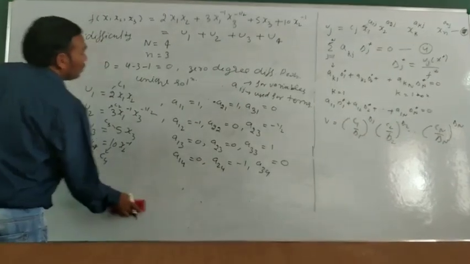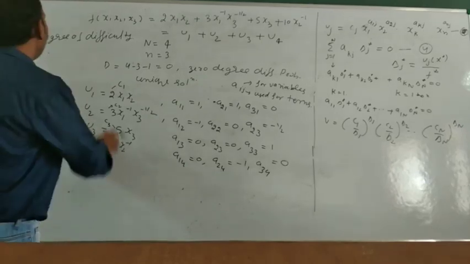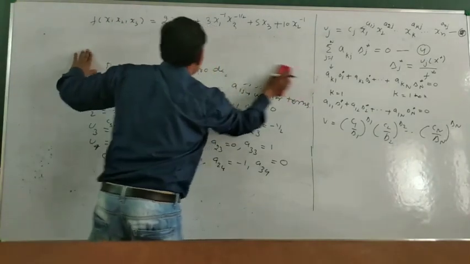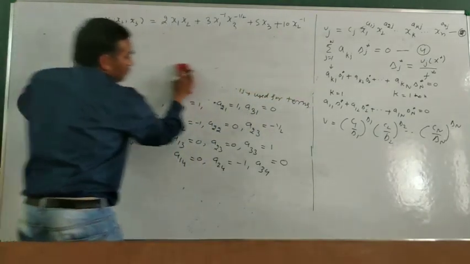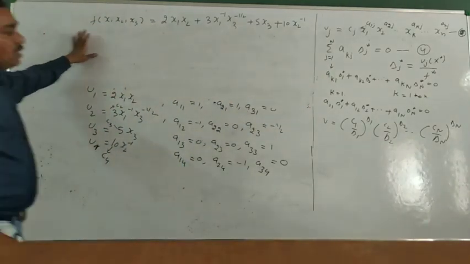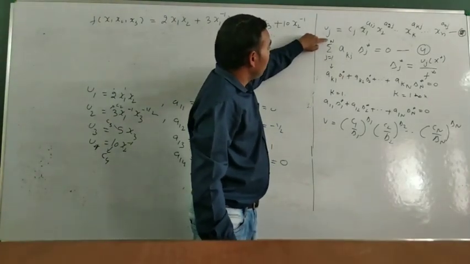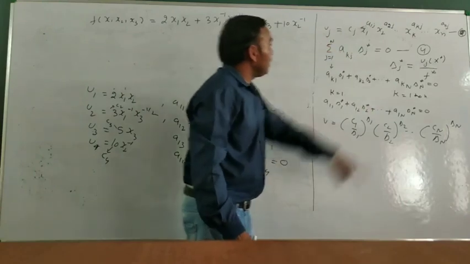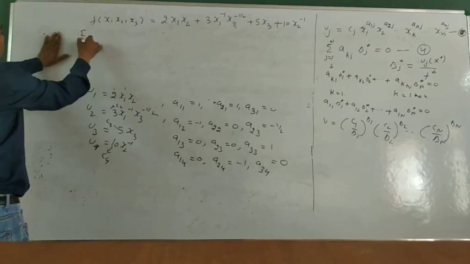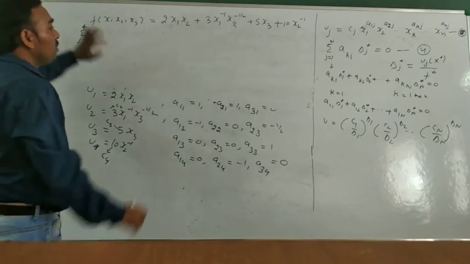So try to write the optimality condition. See here, the optimality condition: sum over j equal to 1 to n of a_kj del_j equal to 0. For this problem, j equal to 1 to 4 because n equal to 4.